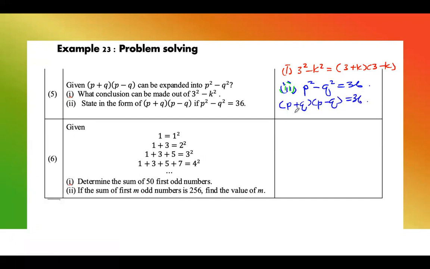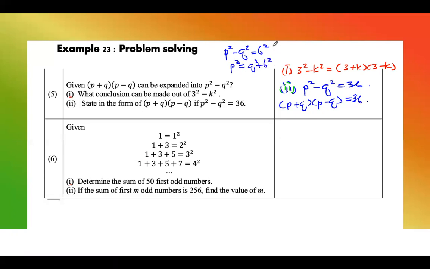But if you want to change the p and q into numbers, you need to know what p squared minus q squared equals 36. We can actually use Pythagoras theorem. p squared minus q squared equals 6 squared, so p squared equals q squared plus 6 squared.